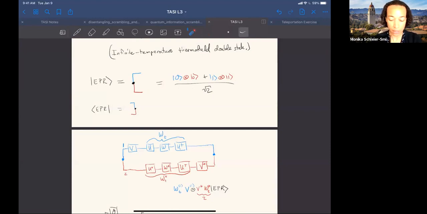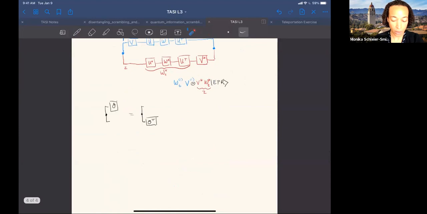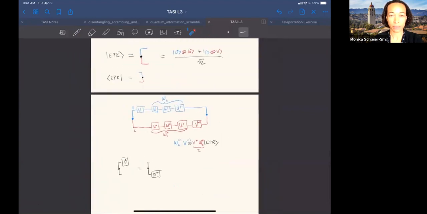But essentially, by the symmetry of the state, the entanglement between the qubits, applying a given operator to one side is equivalent to applying it to the other side up to this transposing. Questions about that? Does that seem believable? Questions about that so far?